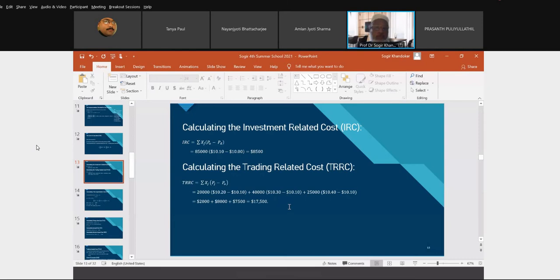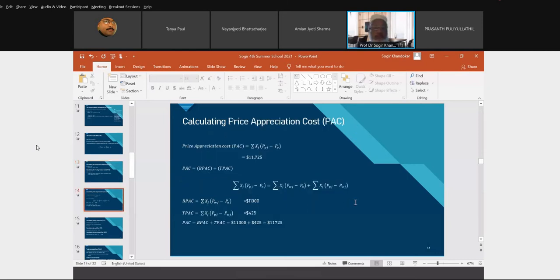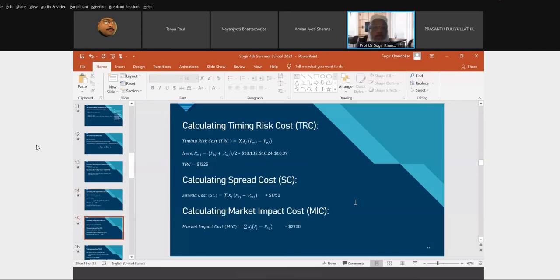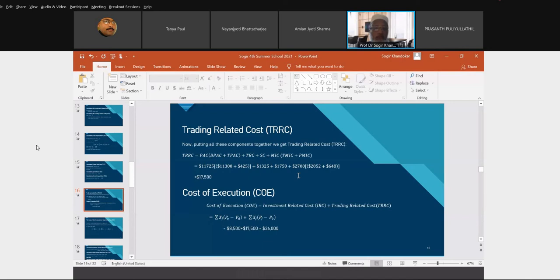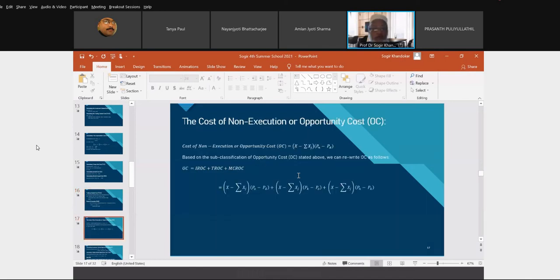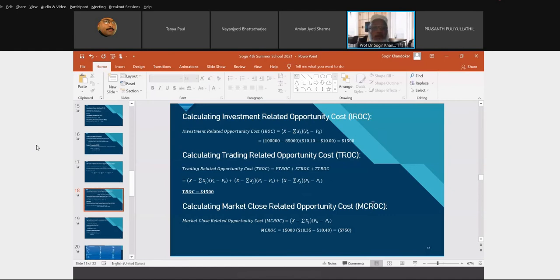In this way, we can easily calculate the price appreciation cost, timing risk cost, spread cost, market impact cost, trading cost, and the non-execution cost or opportunity cost. This is the formula of non-execution cost, and we can easily calculate the investment related opportunity cost, trading related opportunity cost, and market close related opportunity cost.